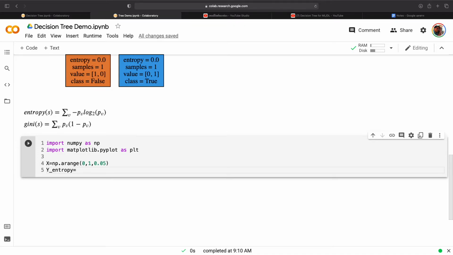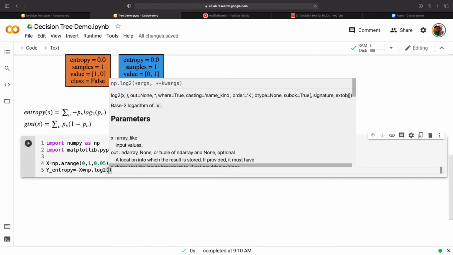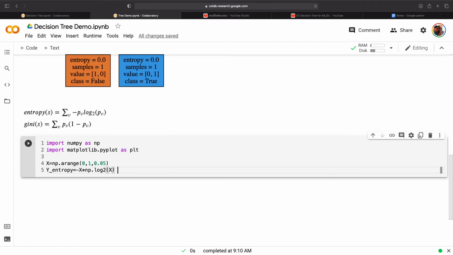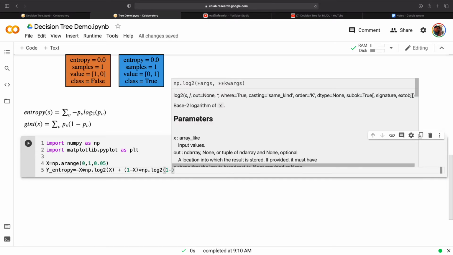In this case we have two classes. x is for positive, so I'll use x first: x times np.log2 of x, plus the probability of the negative class, which is 1 minus x, times np.log2 of 1 minus x.